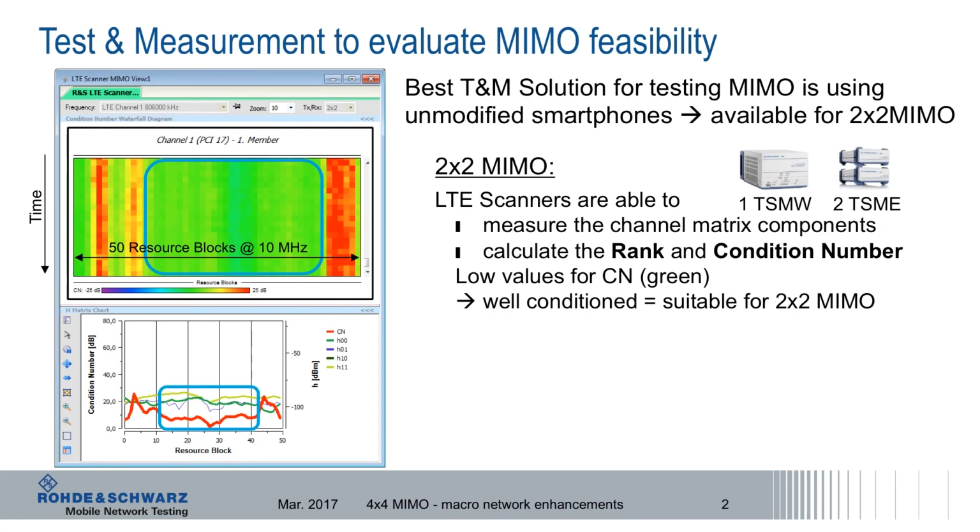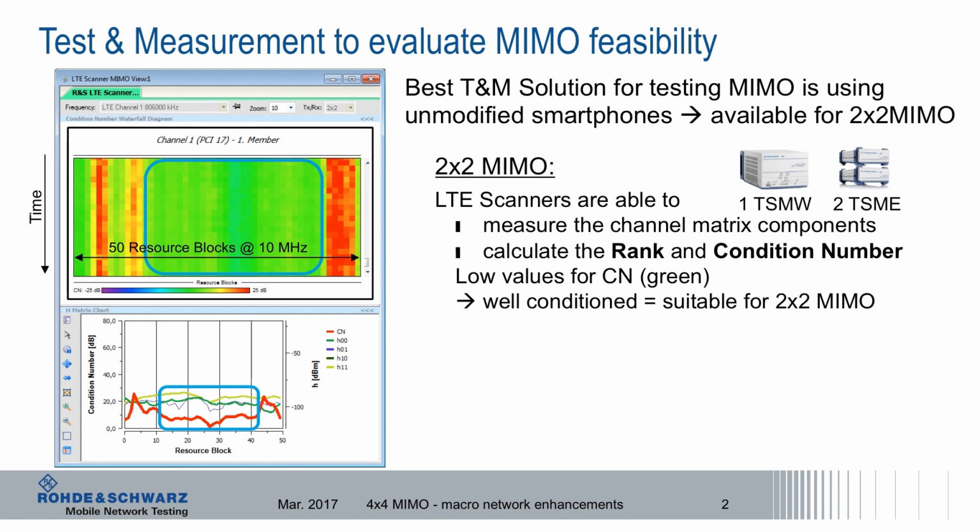The best test and measurement solution for testing MIMO is using unmodified smartphones, and these are available nowadays for 2x2 MIMO. To measure the rank and the condition number, we are using network scanners. In LTE, for example, you see here a screenshot showing a waterfall diagram over a 10 MHz carrier.